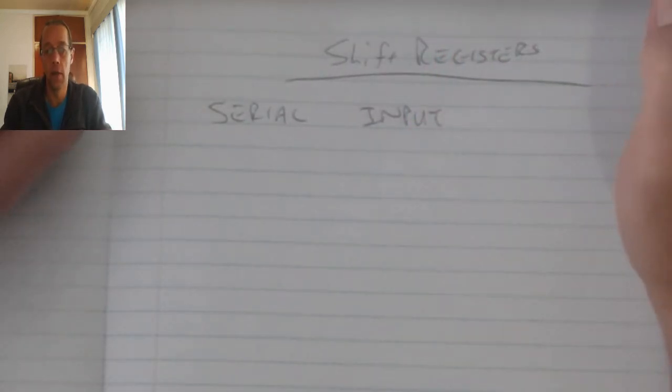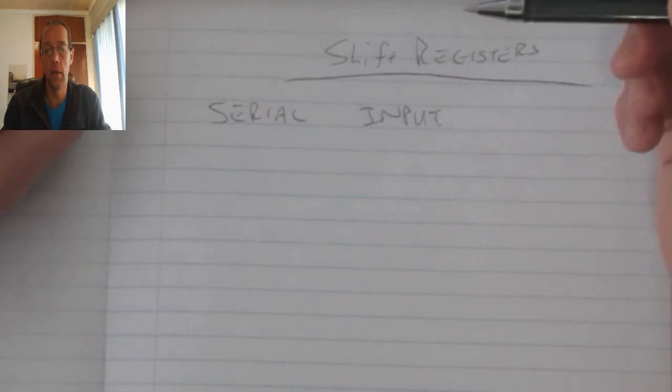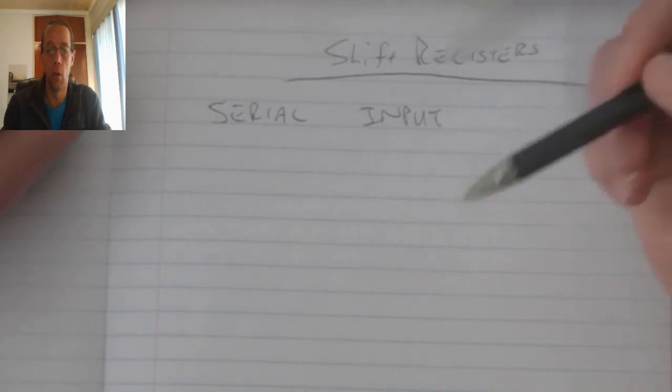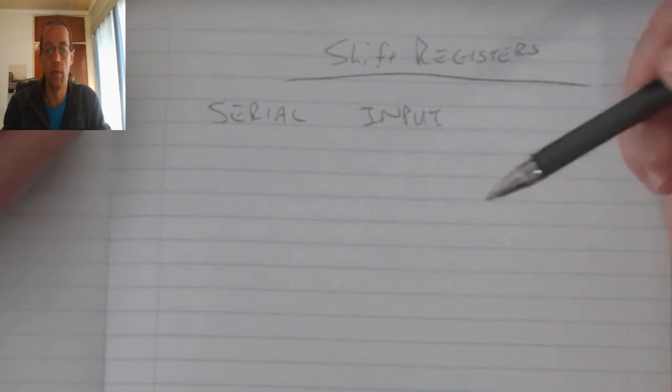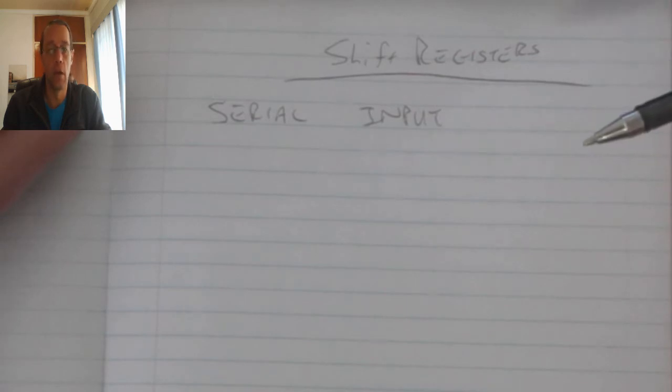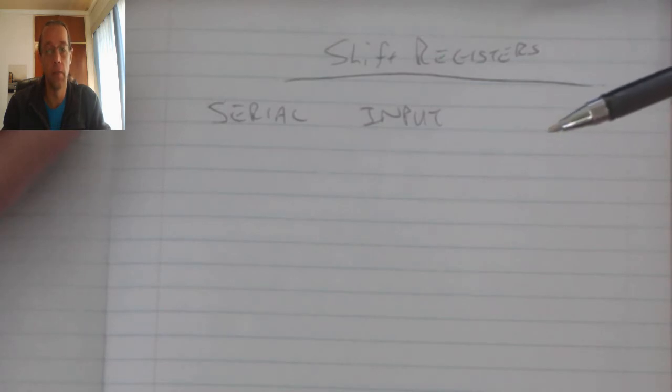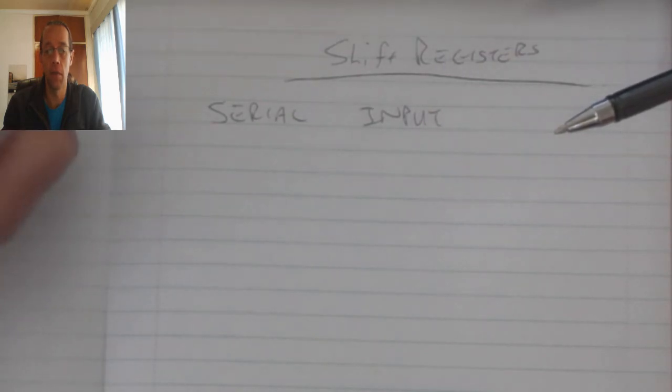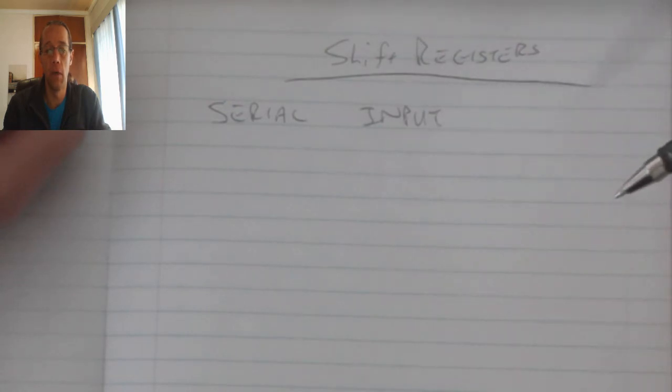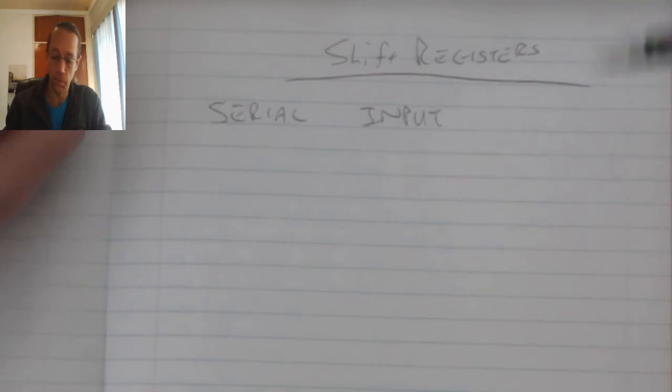Serial input just means that each bit is introduced into the system one at a time, one bit per clock pulse. Parallel input means it receives all the bits at the same time, puts them in the positions that they need to be, and then loads or shifts them to the required positions.